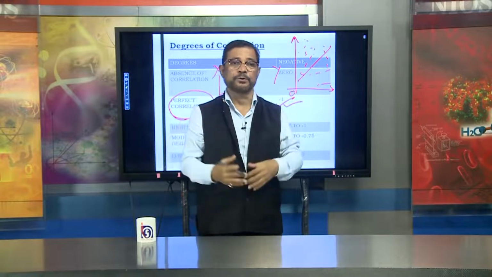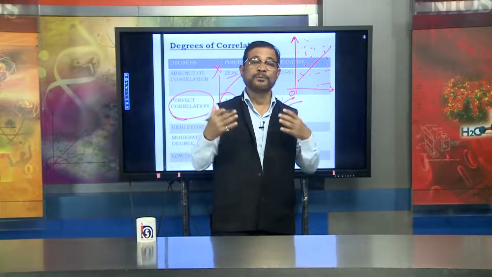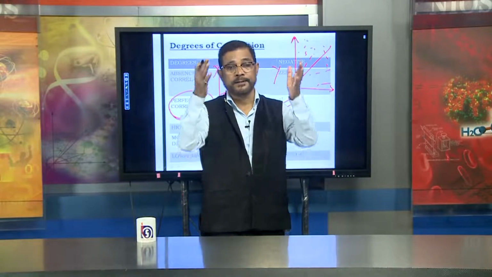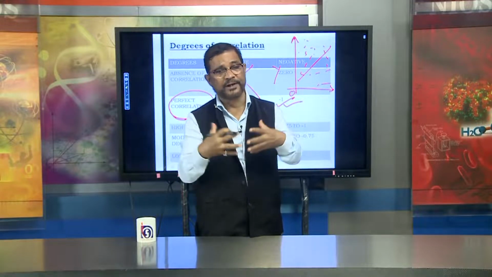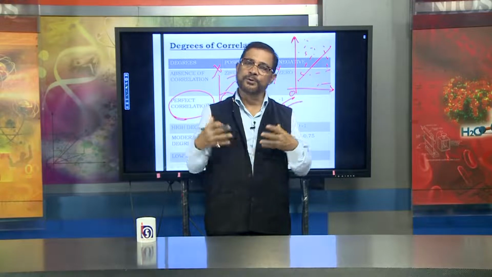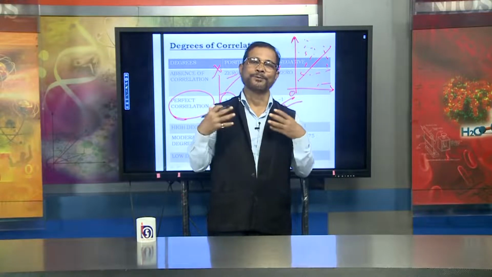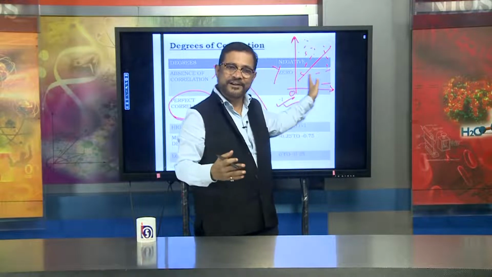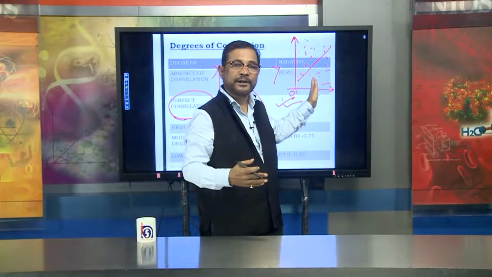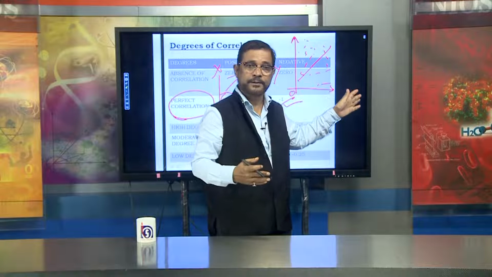You find the ratio and you will find both the data are moving and maintaining the proportionate relationship. So it also talks about the proportionate relationship between two variables that is shown with the help of perfect correlation.